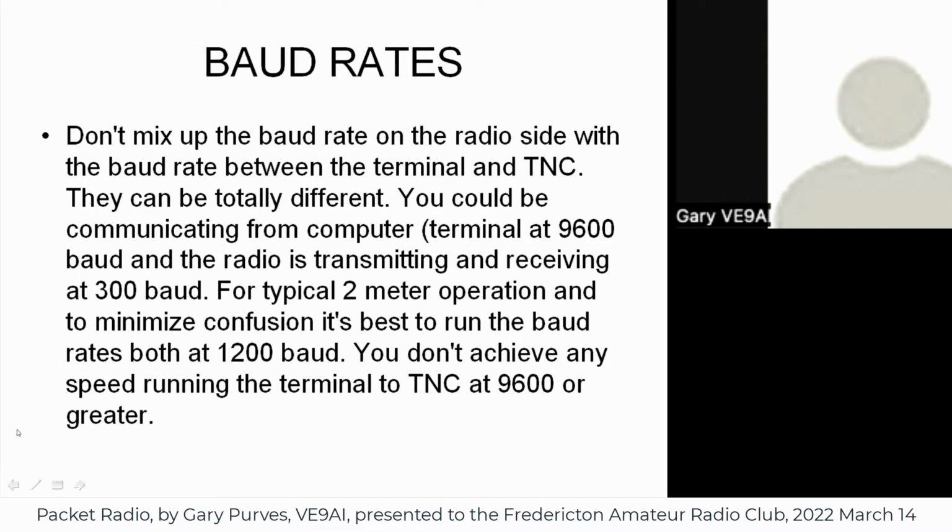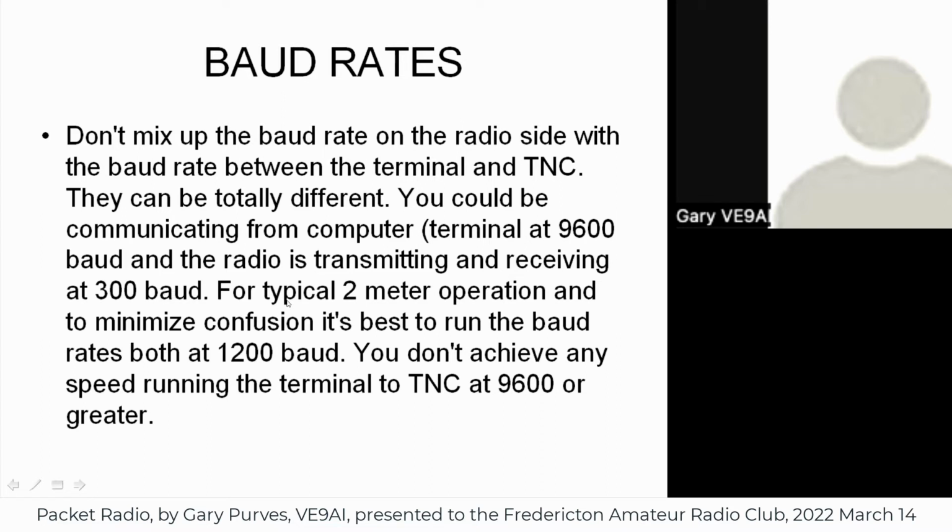Baud rates. Don't mix up the baud rates on the radio side with the baud rate between the terminal and TNC. They're totally different. You could be communicating from a computer terminal at 9600 baud, and the radio going out in HF is only 300 baud. So you don't need to really be going that speed or baud rate, because you're only going to end up going out on the radio at 300 baud.